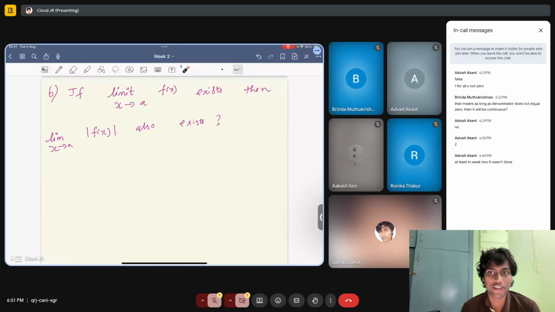If you think it is true or false, if it is false, try to give a counterexample. If it is true, you have to prove it. So it might take a while. We will do it, but if you think for a little bit, then you will have some idea how these things are.